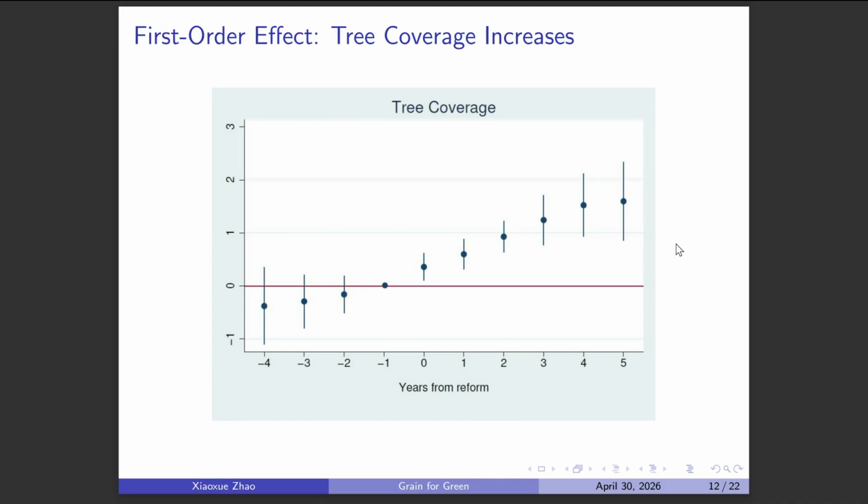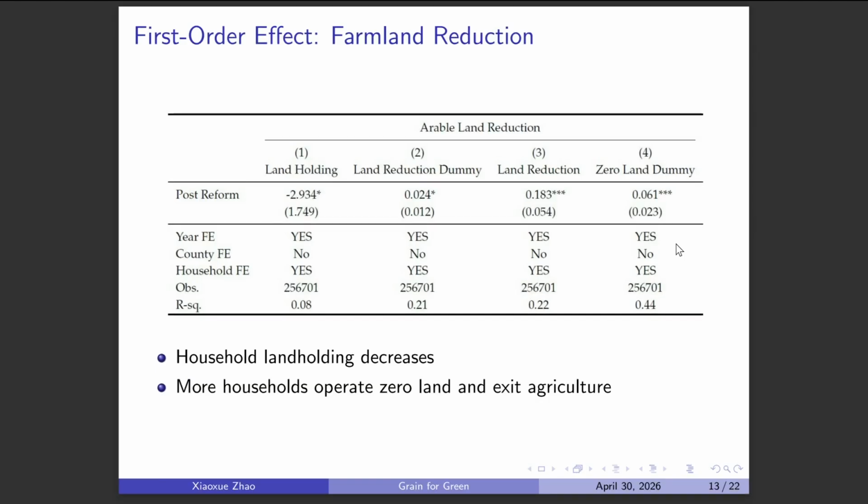Based on our estimates, we find that the implementation of the Grain for Grain program indeed significantly increases villages' tree coverage, supporting the effectiveness of the program in achieving its environmental objectives. Consistent with the first-order effects of the program in encouraging agricultural households to convert farmland into forests, we also find that the implementation of the program significantly reduced the average land holding of rural households.